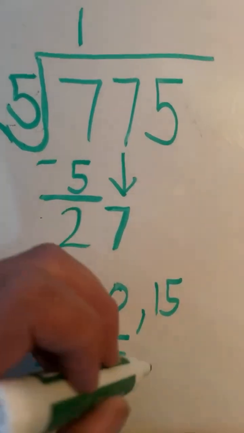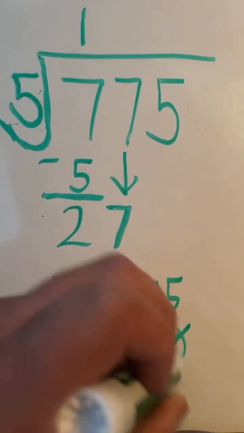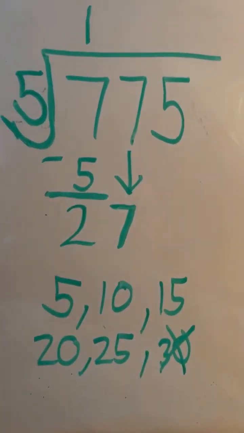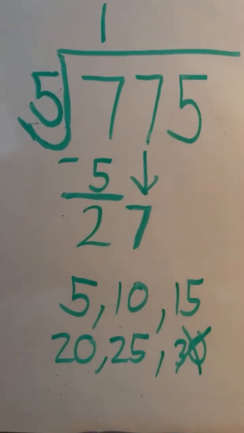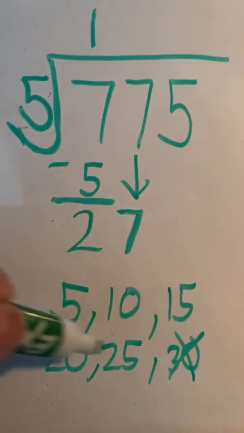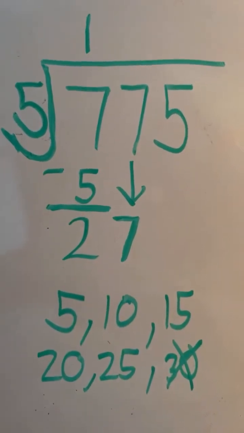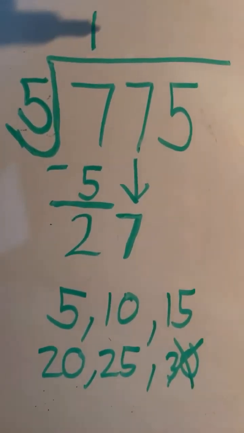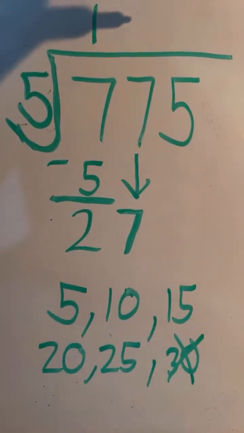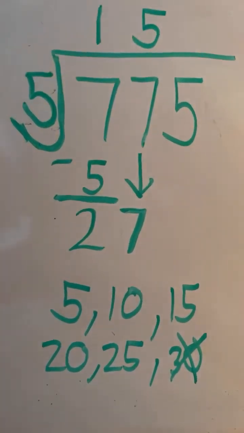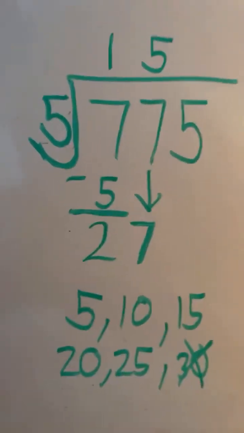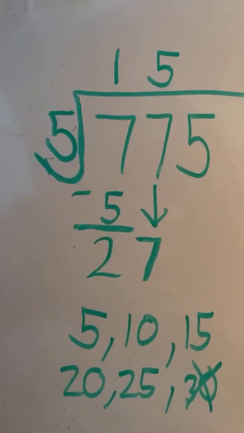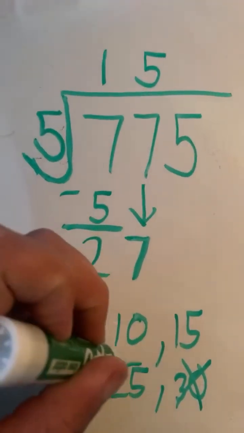Now, if I count by 5 again, I would be at 30, but 30 is too far. 30 is past 27. So I was able to get 1, 2, 3, 4, 5 groups of 5 within 27. I ended up counting by 5s 5 times. So 27 divided by 5 equals 5 with a remainder. Now the closest I could get to 27 without going over it was 25.